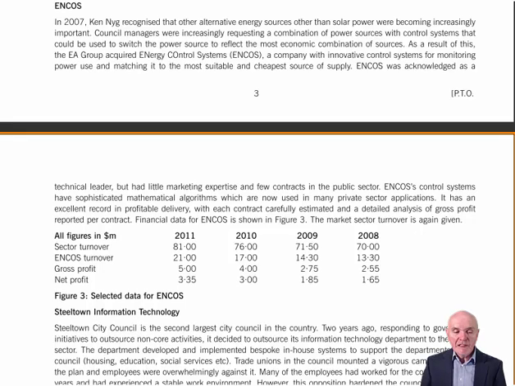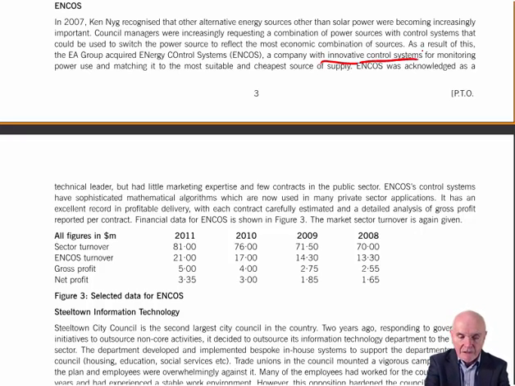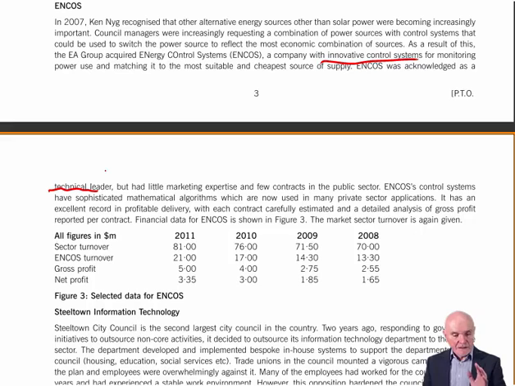As a result of this, the EA Group acquired ENCOS, a company with innovative control systems, that's quite nice, for monitoring power use and matching it to the most suitable and cheapest source of supply. ENCOS was an acknowledged technical leader. So it's innovative and a technical leader, but had little marketing expertise and few contracts.